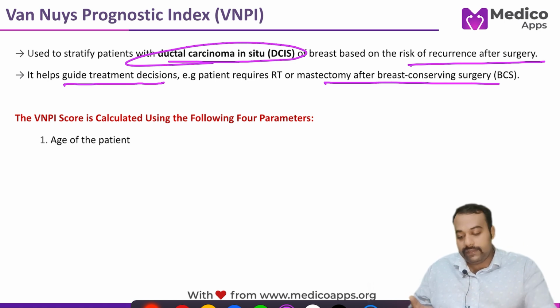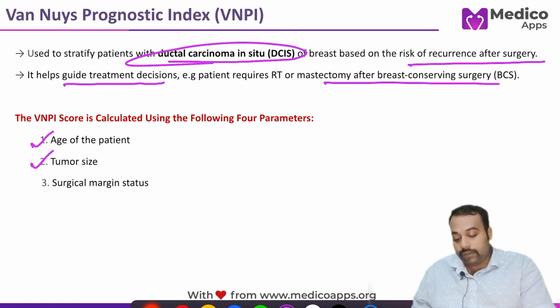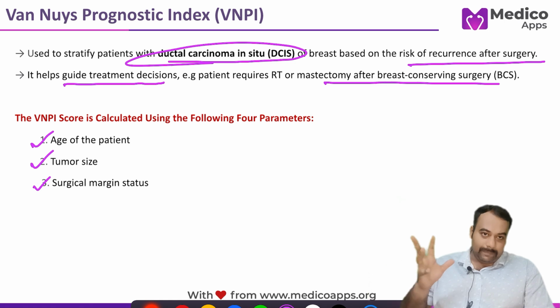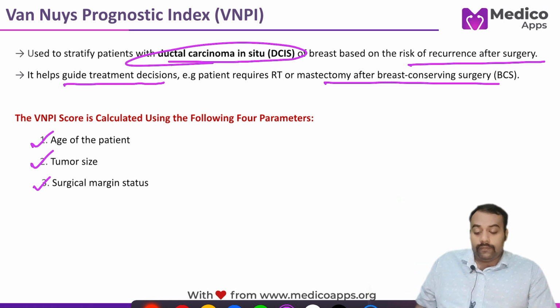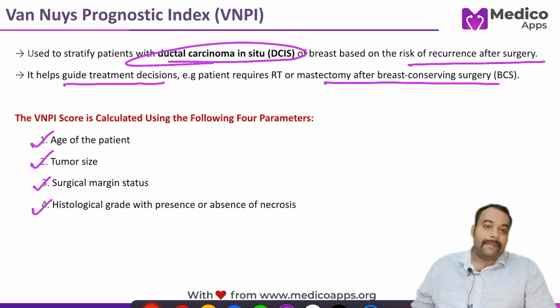Number one is the age of the patient, number two is the tumor size, right? And obviously then comes your surgical margin status. Surgical margin status is one of the important ones, but apart from that, there is also the histological grade with the presence or absence of necrosis.